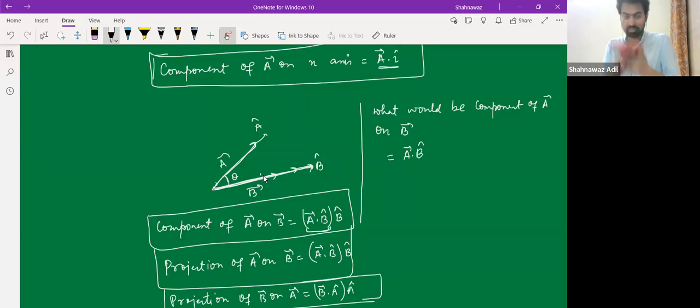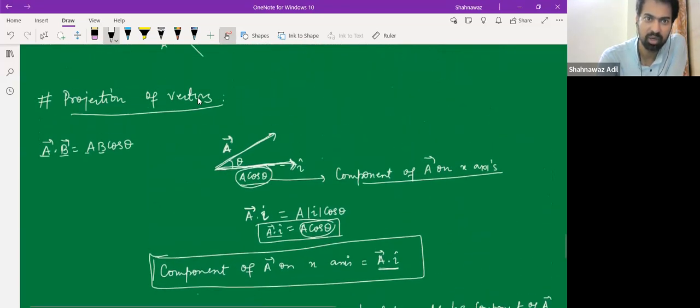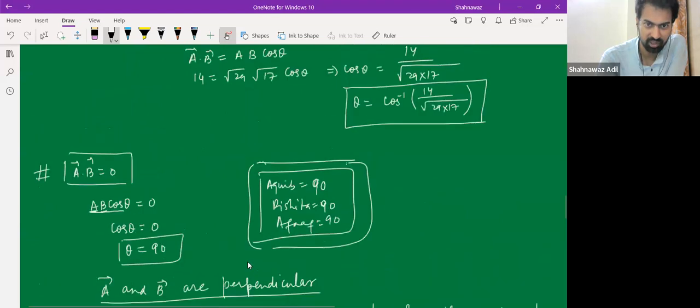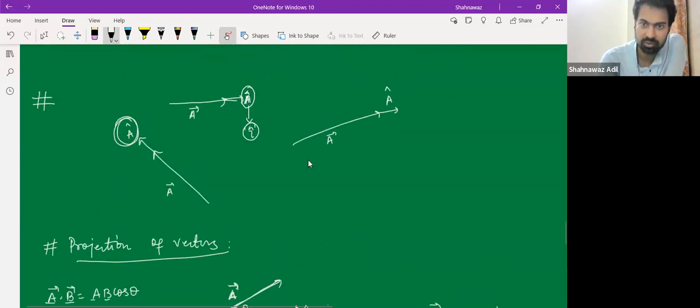Positive. Okay, were you there in this part? Yes. So if I have this A vector, what represents the direction of this A vector? A hat, right? This represents the direction of this A vector.